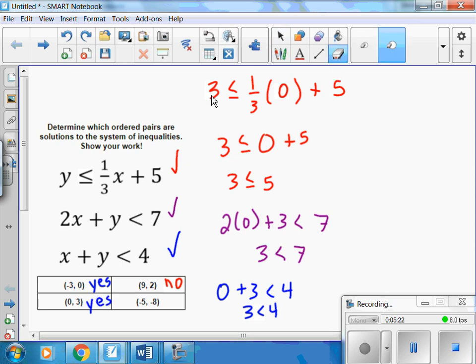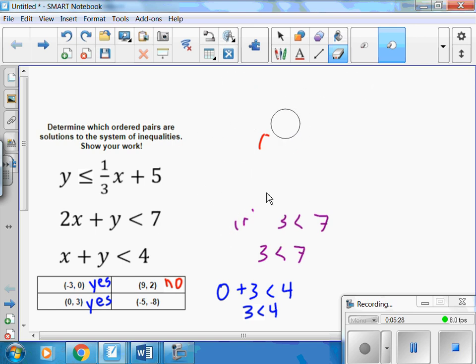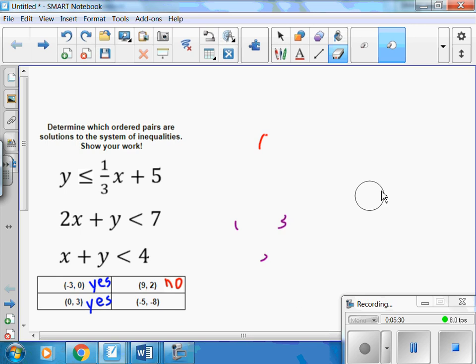All right, the last one, we're going to take negative 5, plug it in for all the x's. We're going to take negative 8, plug it in for all the y's, and then see if it's true. All right, so negative 8 in for y, less than or equal to 1/3. In for x, we're going to plug in negative 5, and then plus 5.